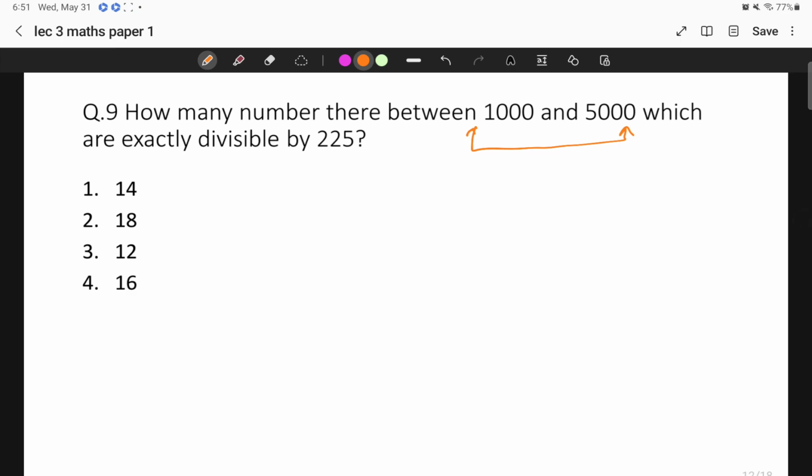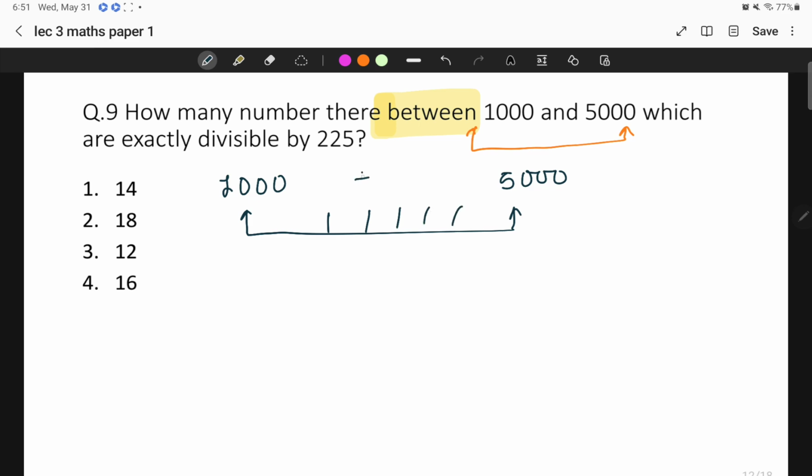The first thing that you have to make a point of for this question is "between". What does between stand for? Here we have to find the values in between 1000 and 5000, the values in between them which are divisible by 225. So in this question, "between" indicates that the first number 1000 and last number 5000 are not included.